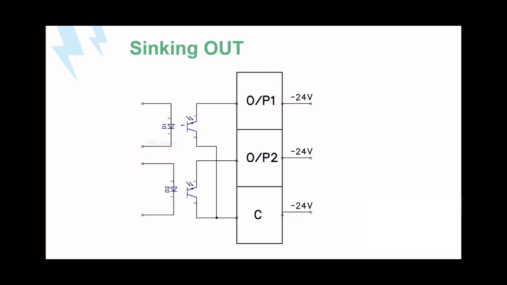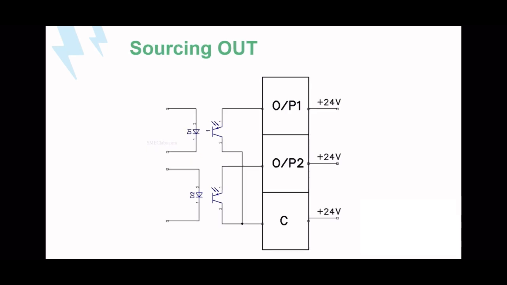Then only it will act as a loop. For the sourcing output, you have to give the common as positive 24 volt, and then output 1 and output 2 come as plus 24 volt.